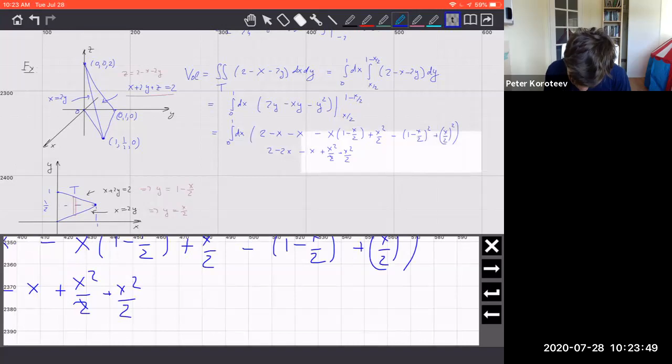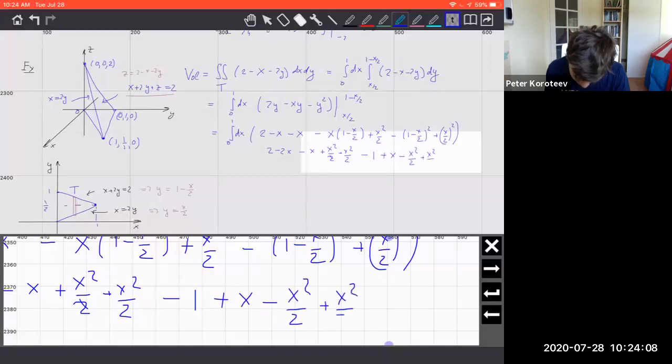And here they'll cancel, right? So it's minus 1 plus x minus x squared over 2 plus x squared over 2.